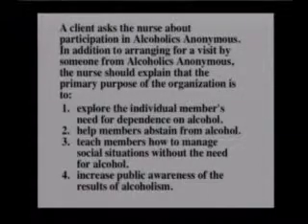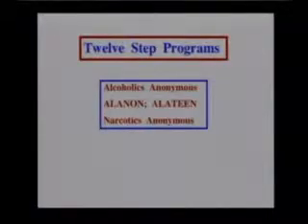The other answers are lesser purposes, and they may be accomplished by AA, but the primary purpose is to help members abstain from alcohol. Alcoholics Anonymous is one of the 12-step programs. In fact, it was the first of the 12-step programs.